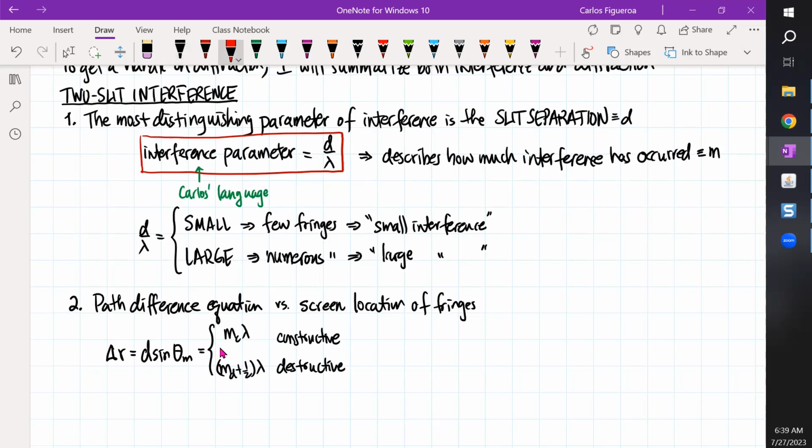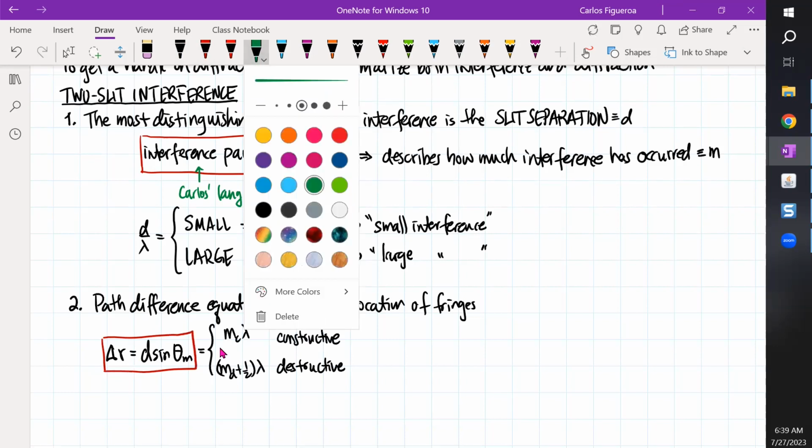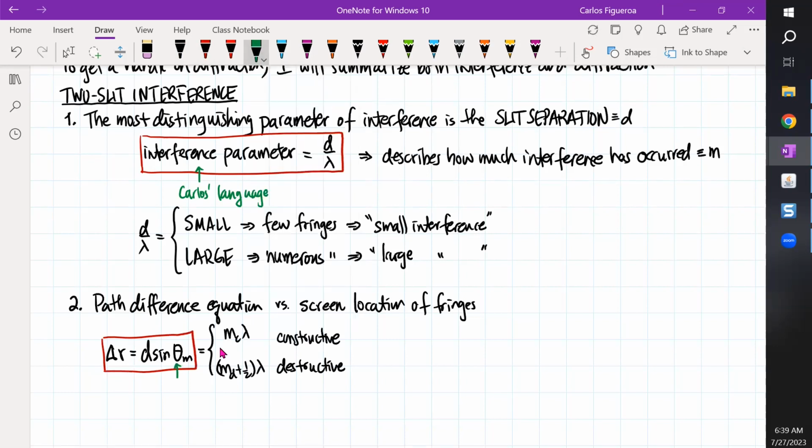We called theta m the angular location of the fringe. But then what we're doing now is looking at a linear distance.